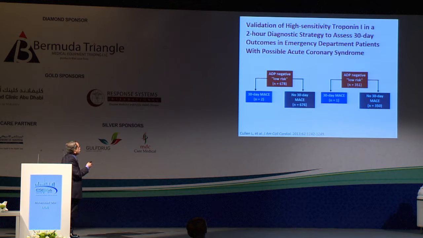So the high sensitivity troponin, they looked at these things and they found that if it was less than those figures where they would be concerned about ischemia, it was safe to send these patients home. So the numbers which had anything to is 2 and 1 in the 2 groups. So relatively safe to send these patients home if your high sensitivity troponin was normal.